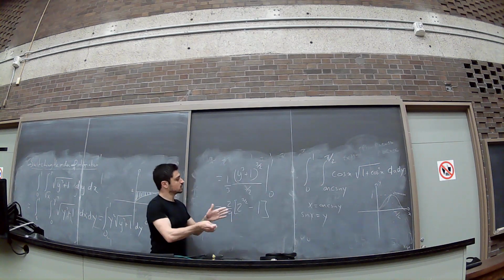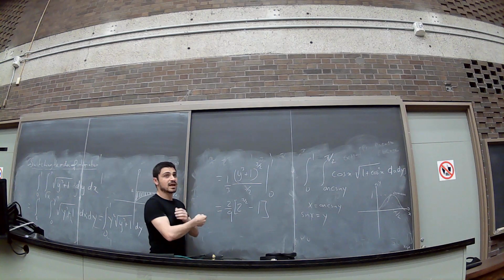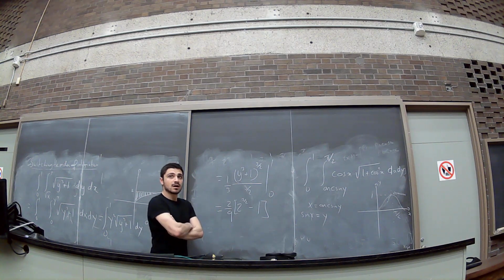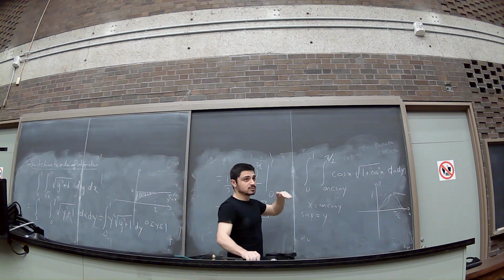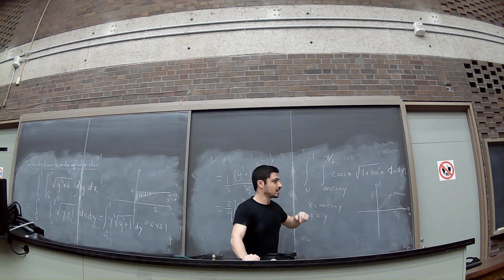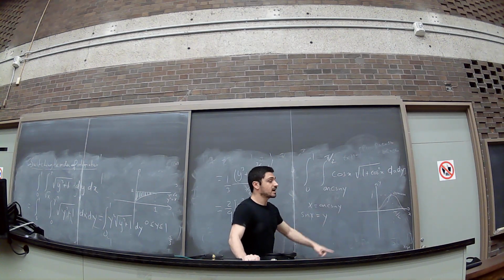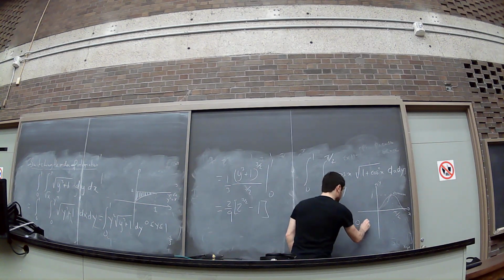Now I described it with y between two constants and x between two functions of y. How do I describe it with y between two functions of x and x between two constants? What are my constants here? X goes from 0 to pi over 2.